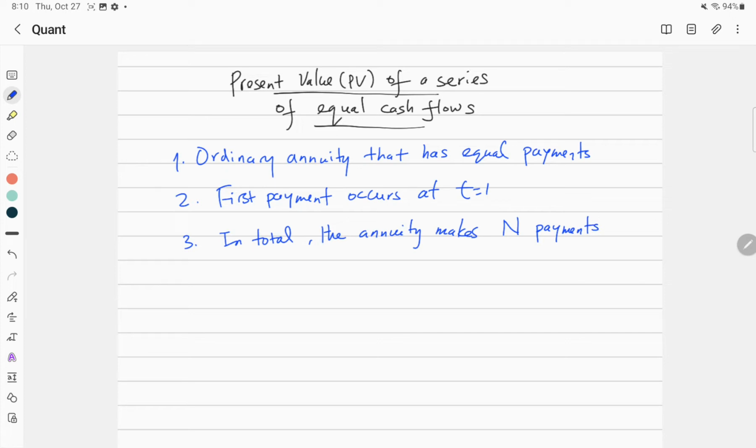Now the question is, what's the present value of this annuity? It's always good to do an example so that it's easy to understand.